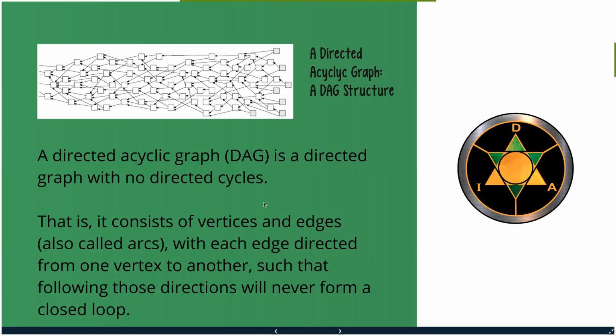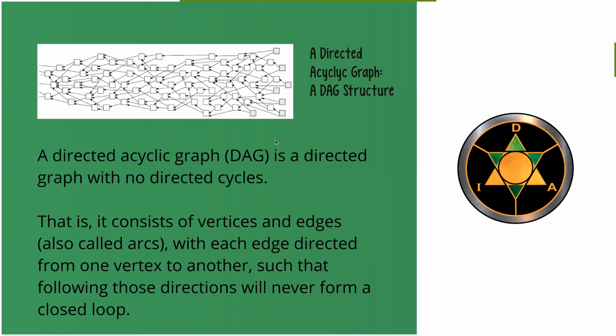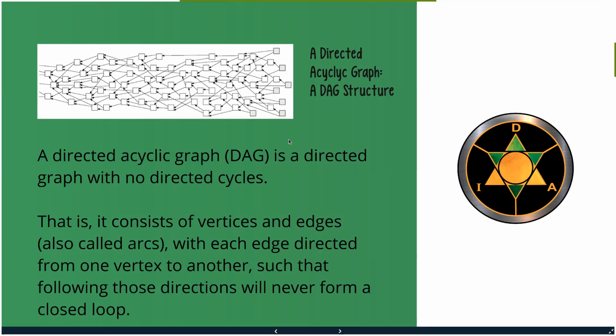I think that's it for the graph. What I want to add here is that DAGs definitely come from mathematics, the concept of graphs in mathematics. And just one last specific thing here is that, as you can see, each edge is directed from one vertex to another.